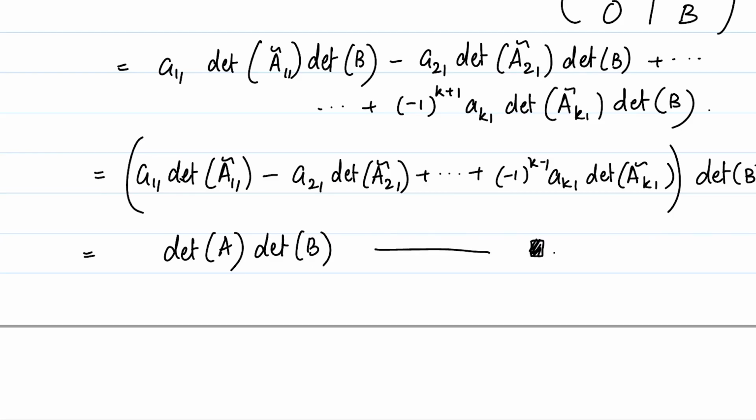So hence we have established the result that determinant of M is determinant of A times B.